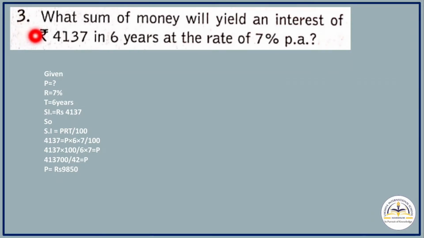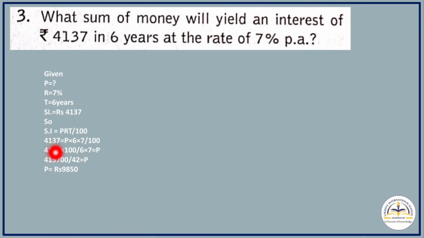Now question number 3rd. What sum of money will yield an interest of rupees 4,137 in 6 years at the rate of 7% per annum? Here we have to calculate the principal. So rate is given, that is 7%, time is given, that is 6 years, and simple interest is given, 4,137. Again we will apply the same formula, simple interest equals principal into rate into time divided by 100.